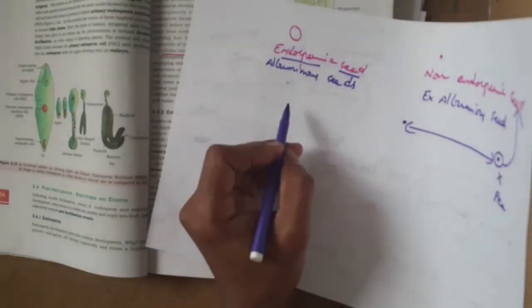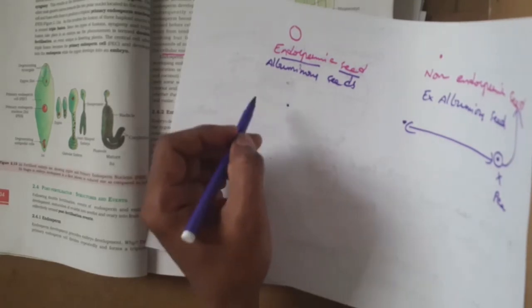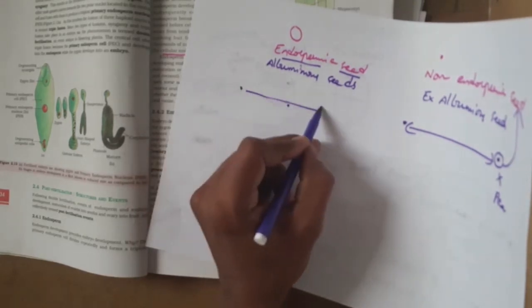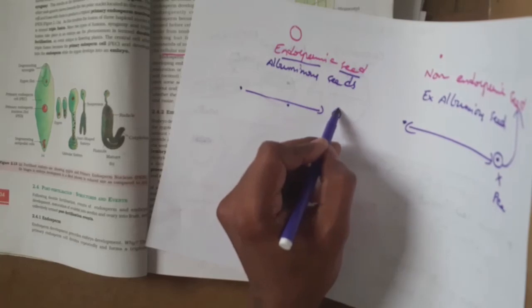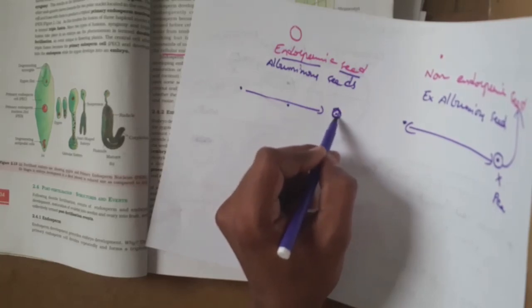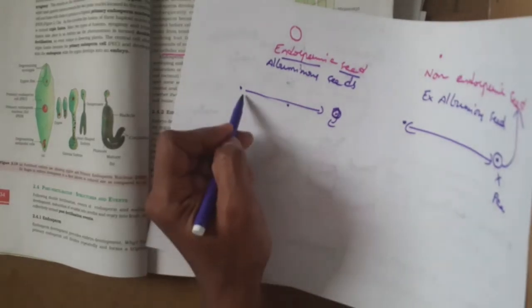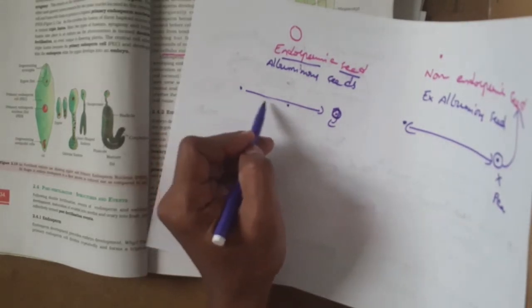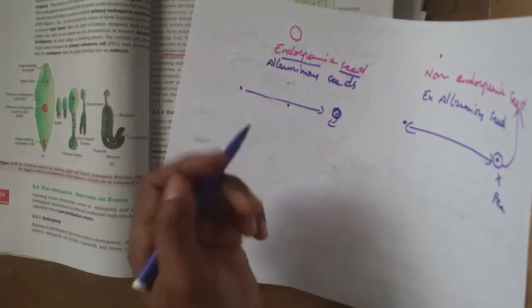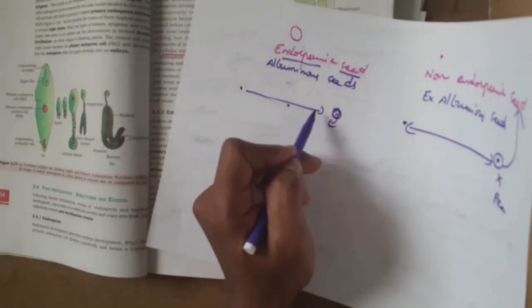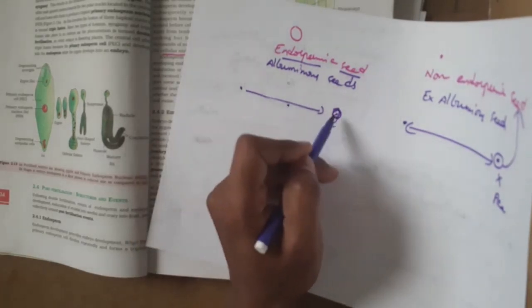Whereas in the endospermic seed, the zygote developing into a complete seed still holds some endosperm tissue attached to the seed. Not only during the course of embryogenesis, even after embryogenesis, the endosperm still remains.